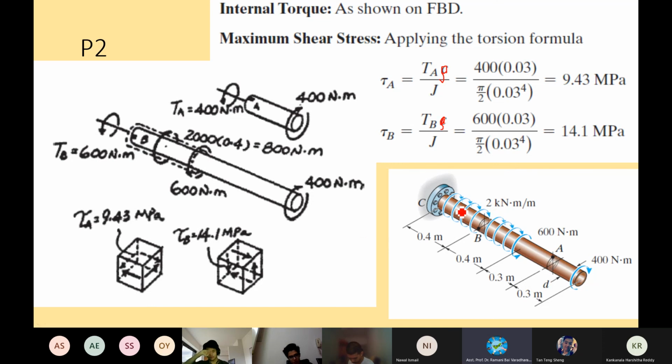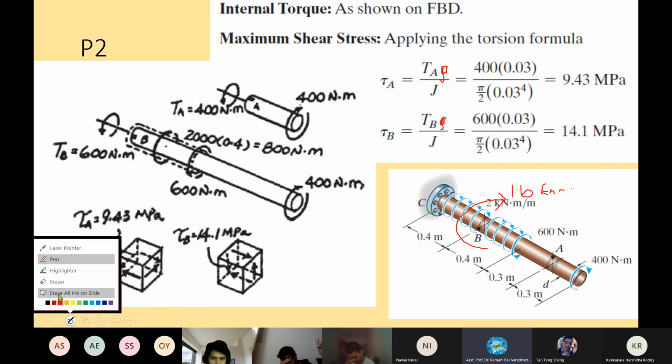In this direction the value of 1.6 is acting. Write the units later, I will correct it. Kilonewton meter is acting.